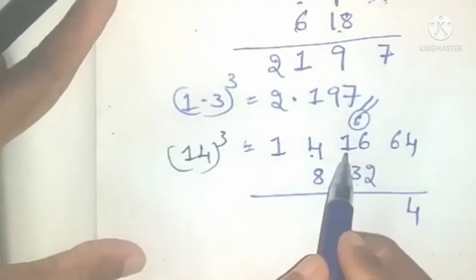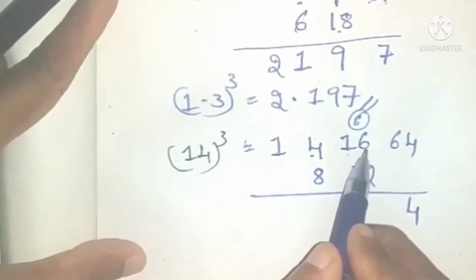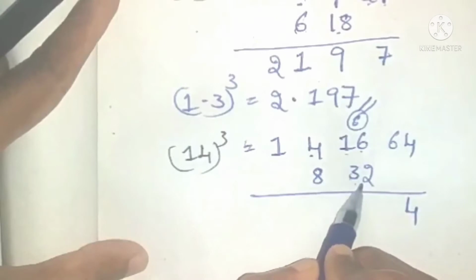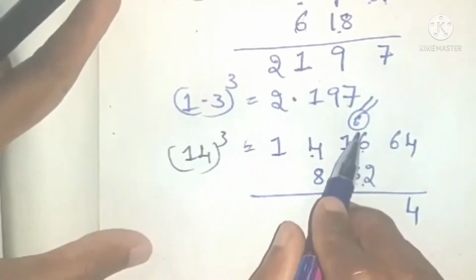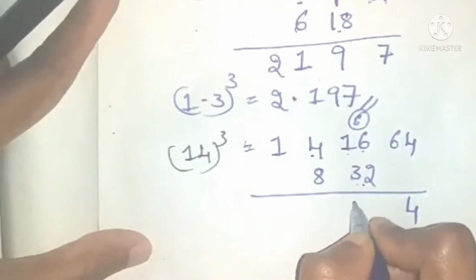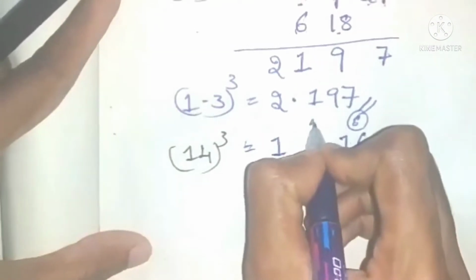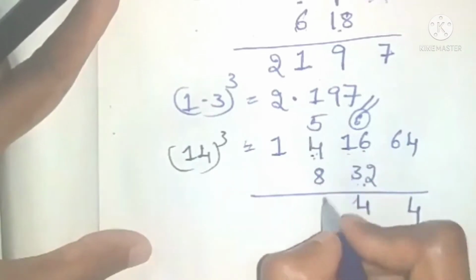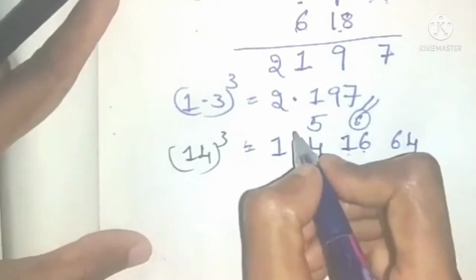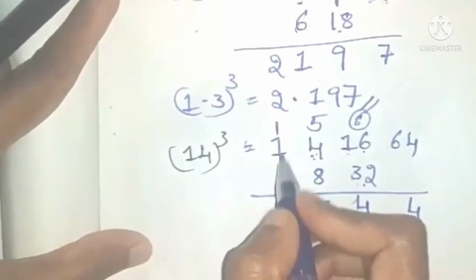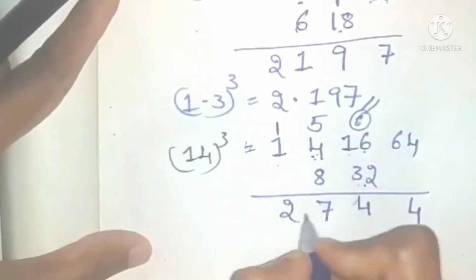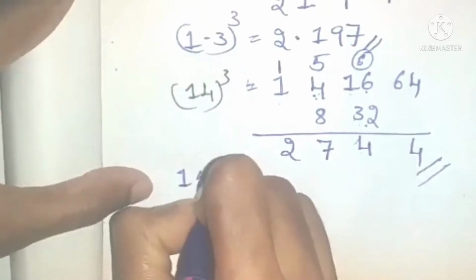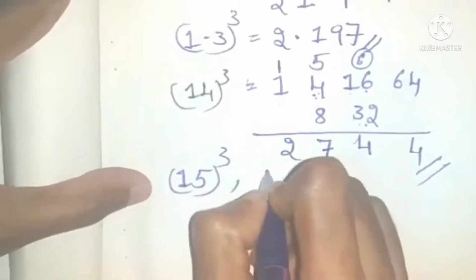Now 30 plus 10, 40. 40 plus 6, 46. 46 plus 2, 48. 48 plus 6, 54. Take 4 here and 5 as carry. Now 8 plus 4, 12. 12 plus 5, 17. Take 7 and carry 1. So 1 plus 1, 2. 2744 is your answer.